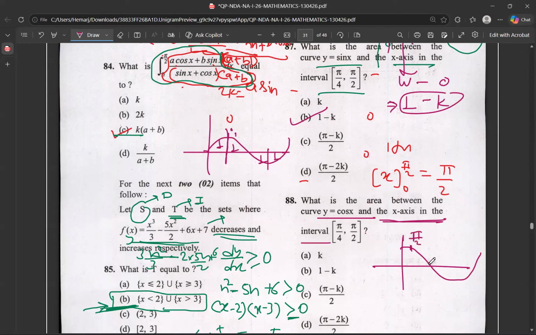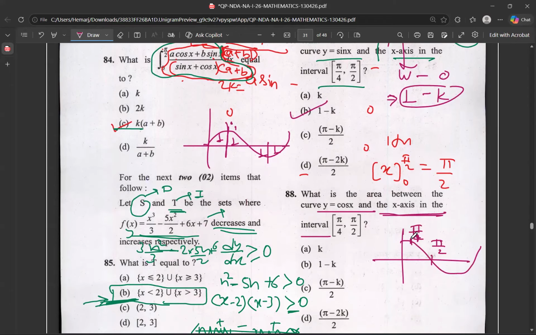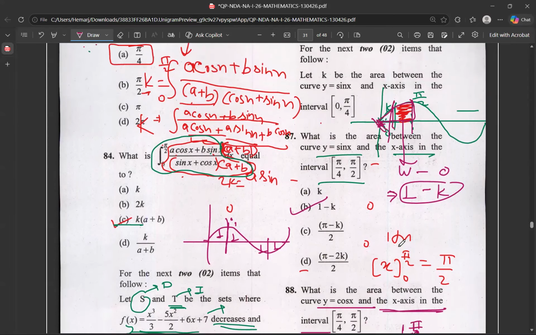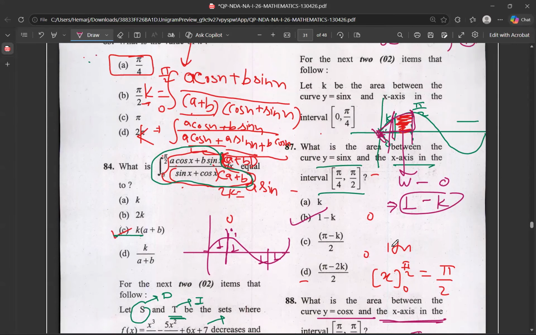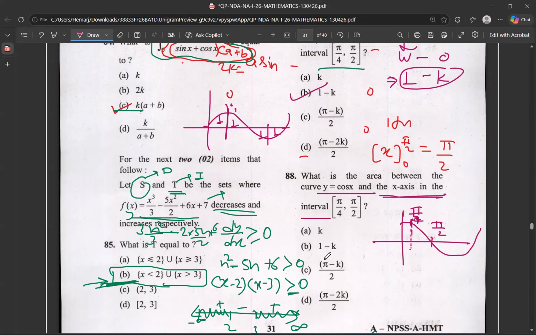This is the curve of cos x. Even question 88 is in the form of K. Again, the area from 0 to pi by 2 is 1.